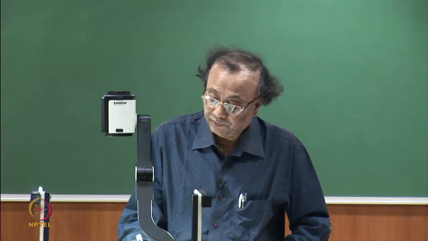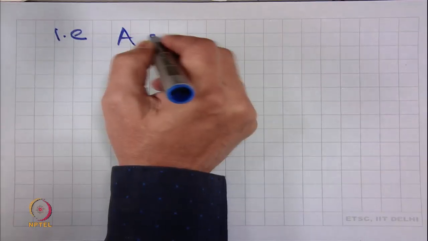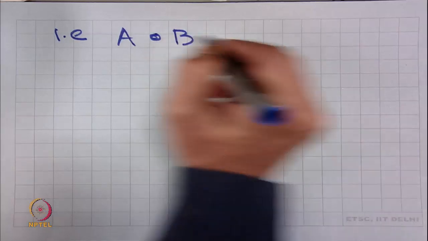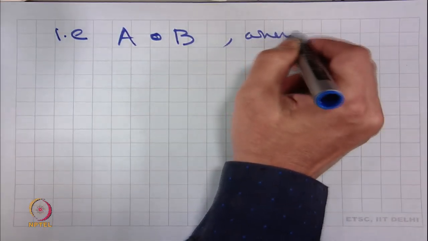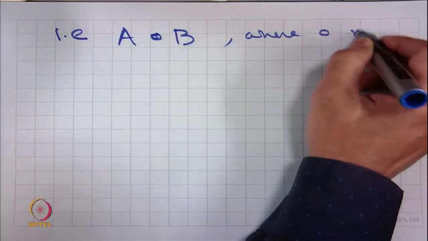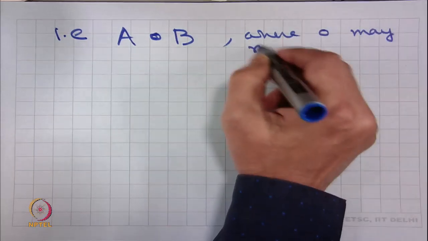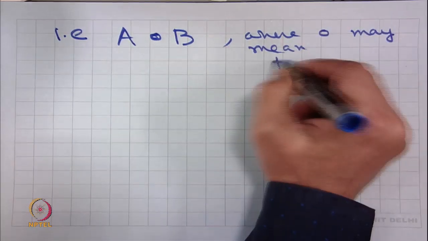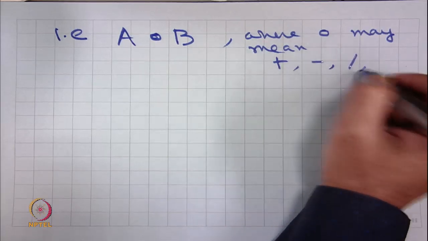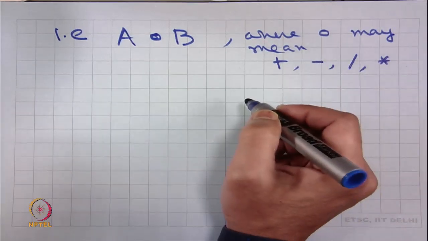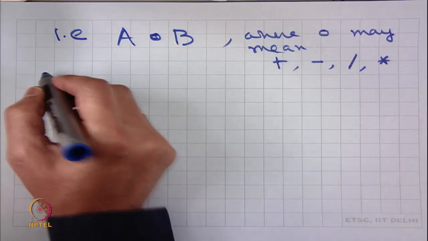That is A operation B, where the operation may mean plus or minus or slash or multiplication, such binary operators. What we do?